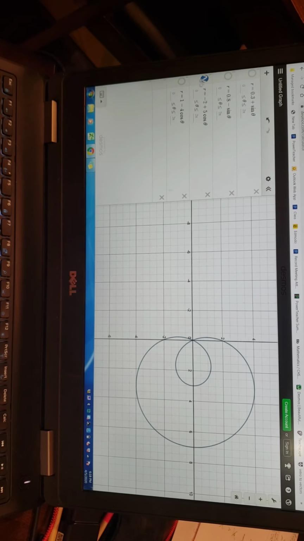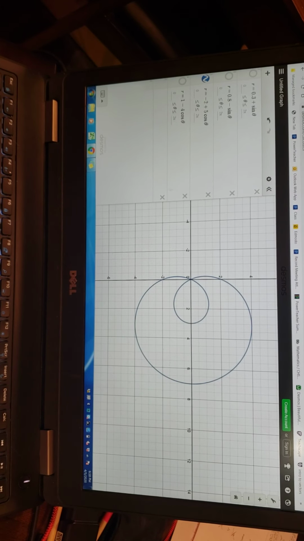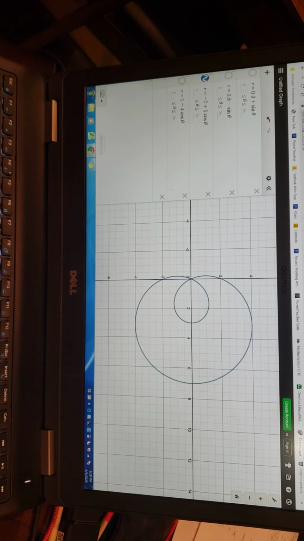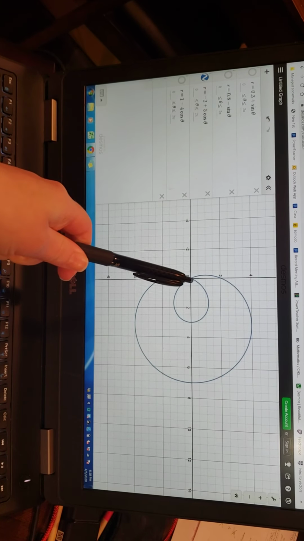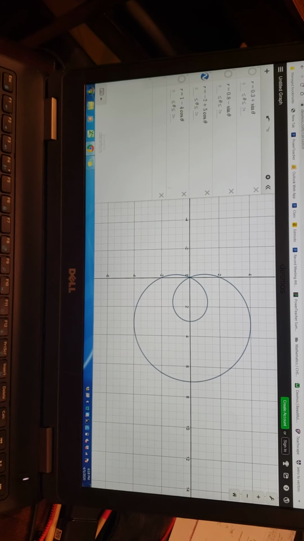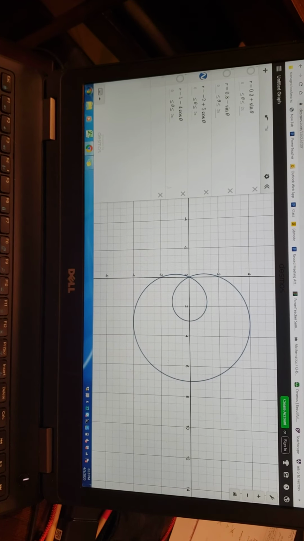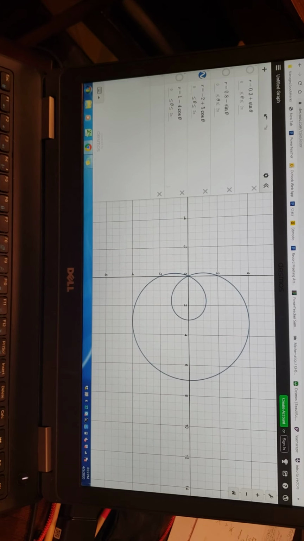I think we'll be able to pick out information by looking at it like this on the screen. I don't think we have to zoom in too much. So the inner loop has a length of 3. Let's write that down. Inner loop has a length of 3. And the total length is 7.